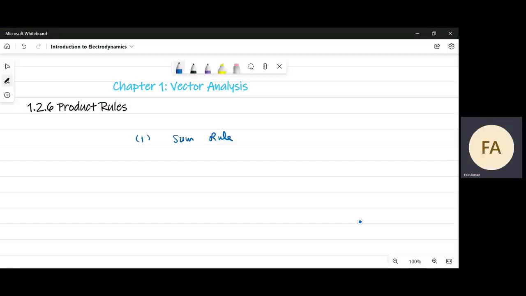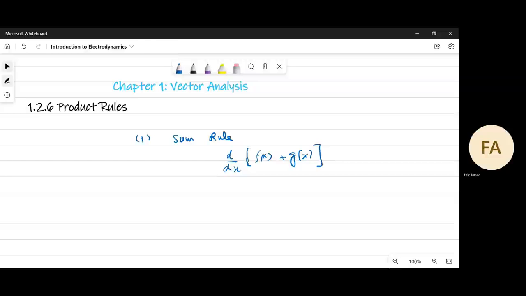If we have two functions f and g, and we want to take the derivative with respect to x, so we have f of x and g of x. So we can write df over dx plus dg over dx.